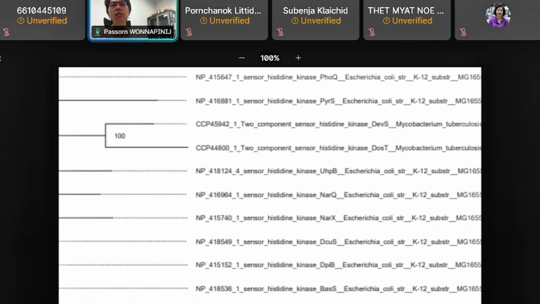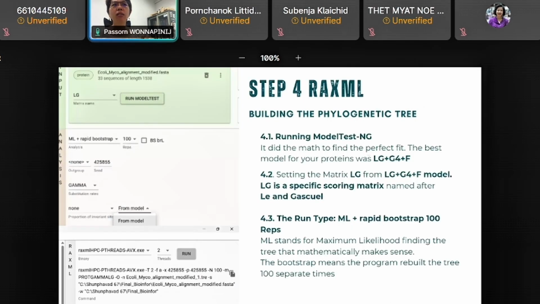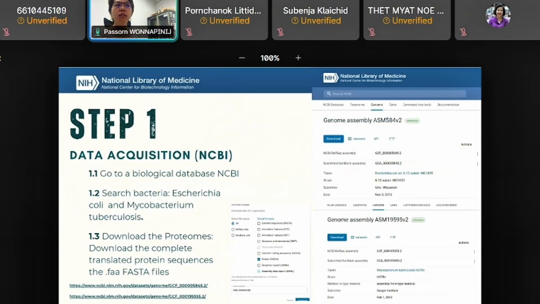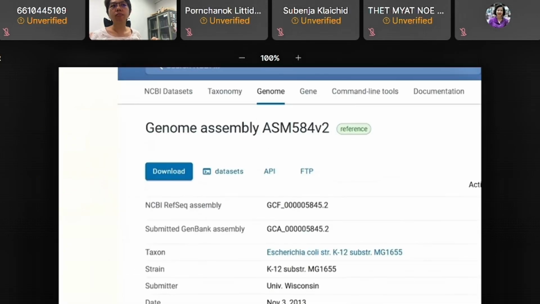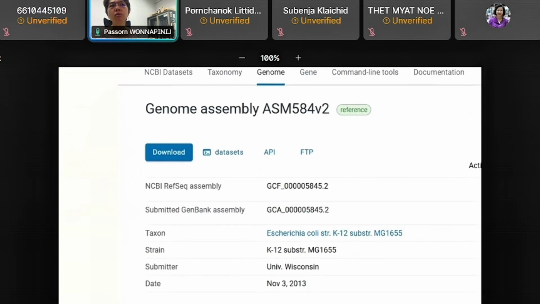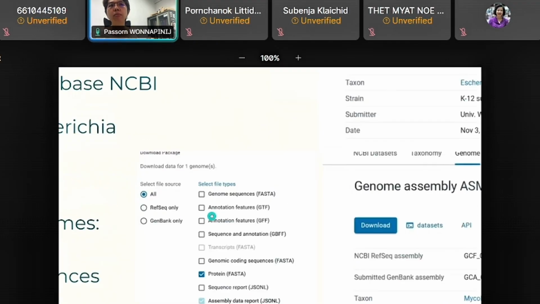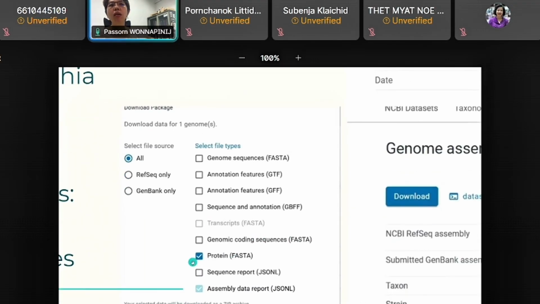Can you go back to the materials and methods section that mentioned the sequence collection? So you searched bacteria, Escherichia coli, from genome sequence. Okay, so you downloaded the protein sequences from this genome assembly. Yes. Okay, makes sense.